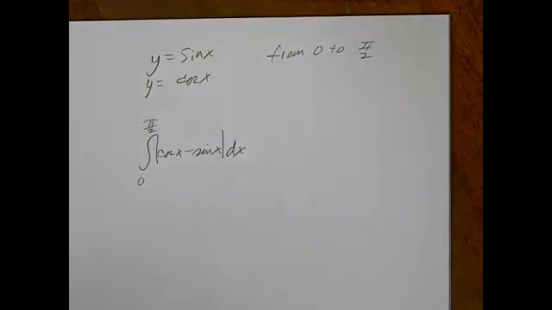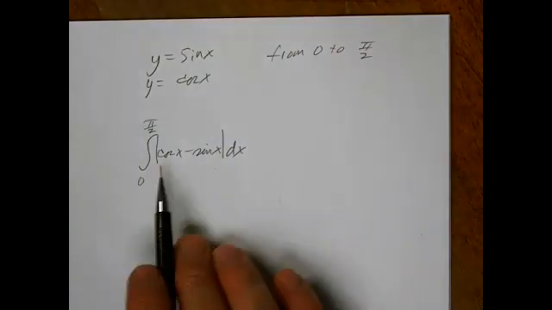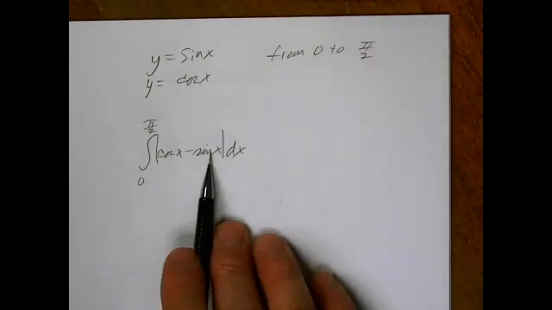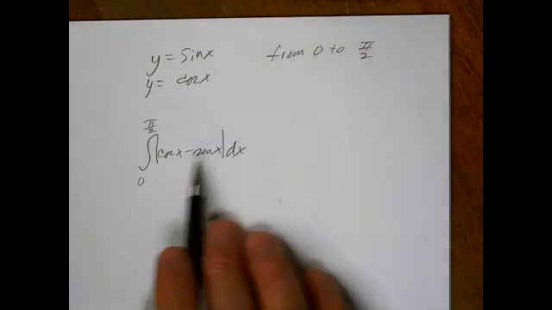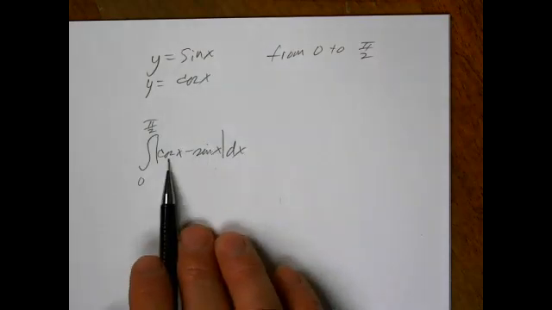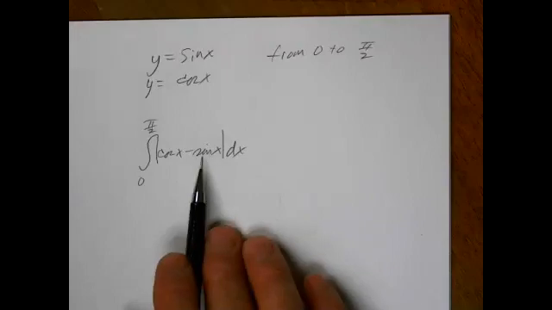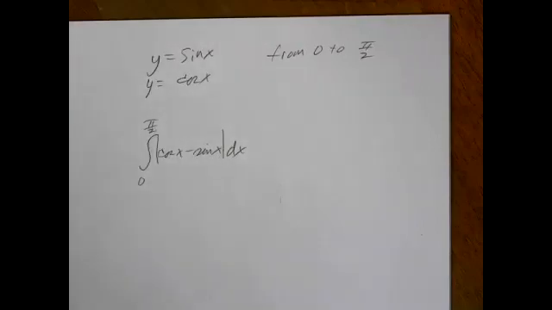Because when they switch places, you're going to go from a larger number minus a smaller number to a smaller number minus a larger, which means you're going to go from positive to negative. You're going to start losing area where you should have been gaining. The absolute value would fix the problem that you're getting negative results.